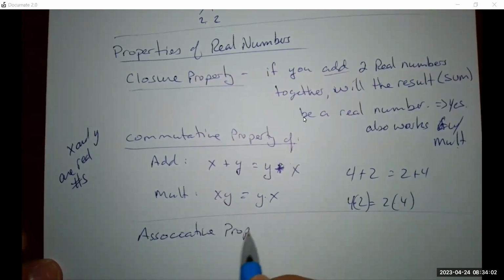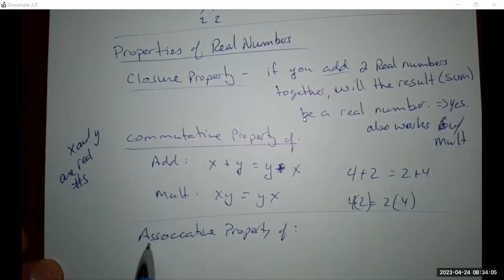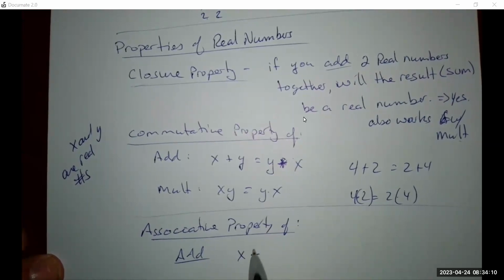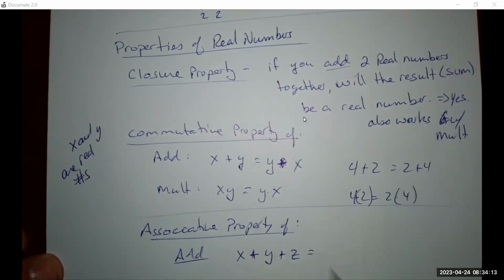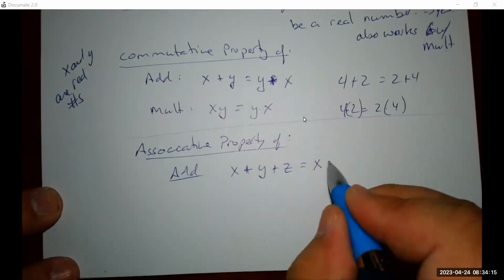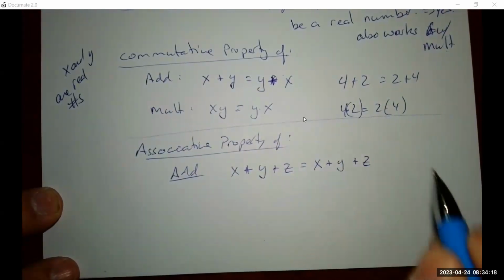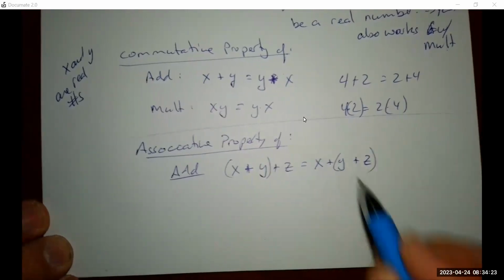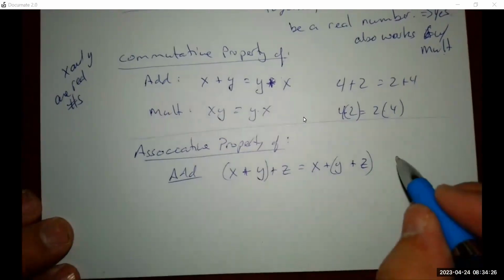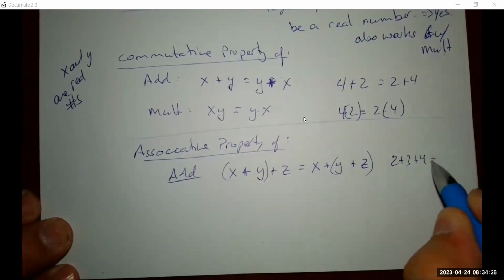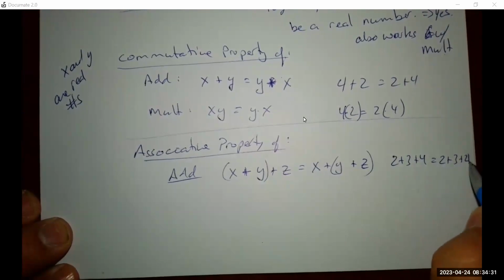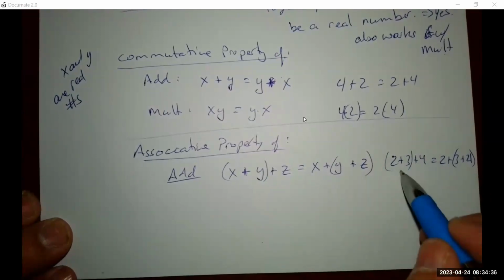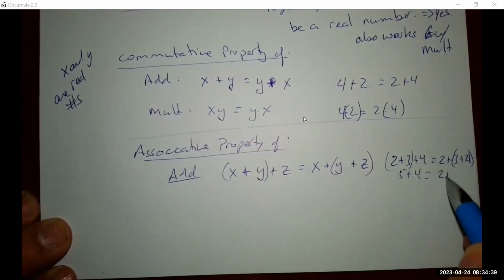The associative properties of addition. Remember, this one is if I have three real numbers and I add them together, they're closed, so they're going to give us a real number, but I can also tell which two to put together first. 2 plus 3 plus 4, 2 plus 3 plus 4. 5 plus 4 equals 2 plus 7.